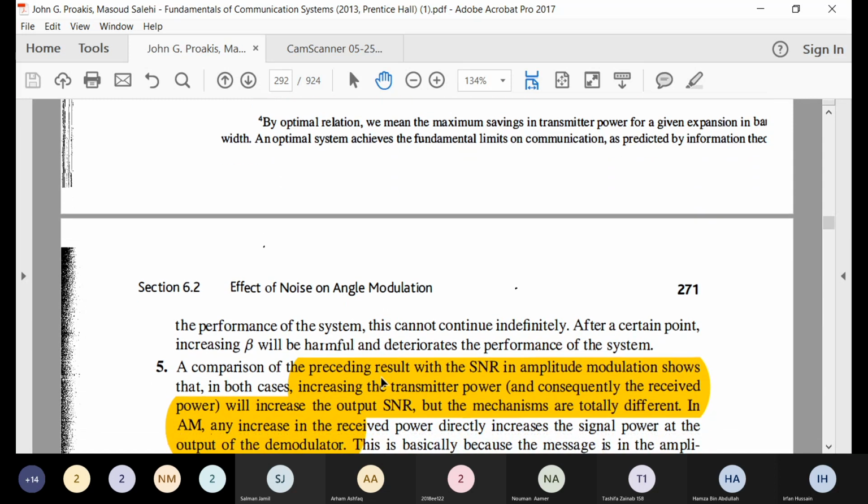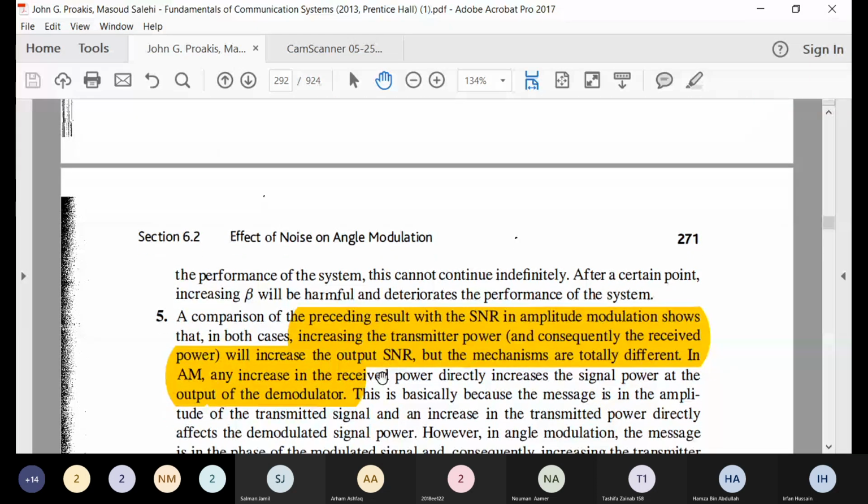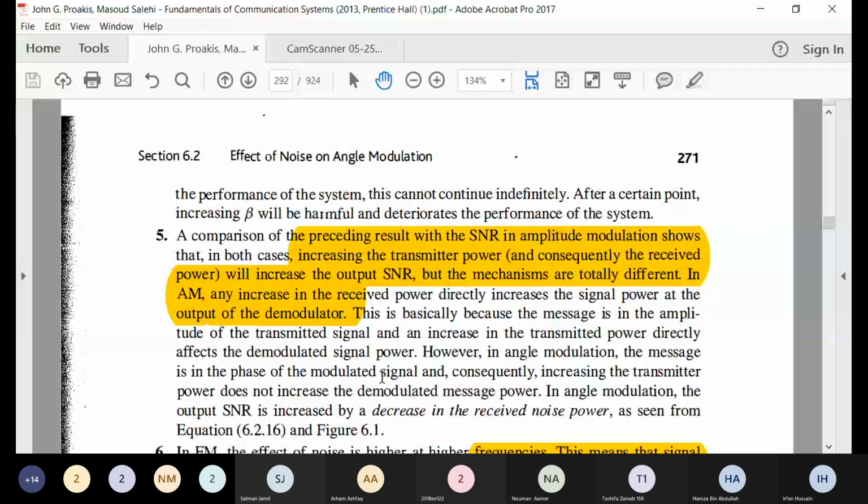At a certain point, increasing beta will become harmful and will deteriorate the system. So we will be discussing this in detail afterwards.